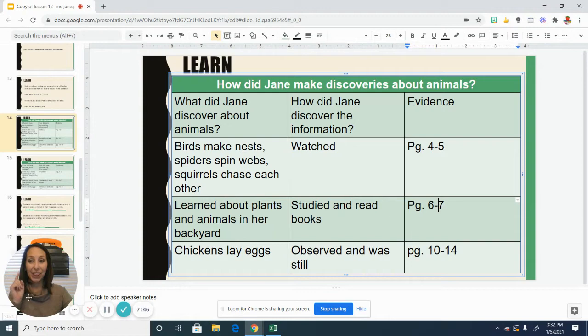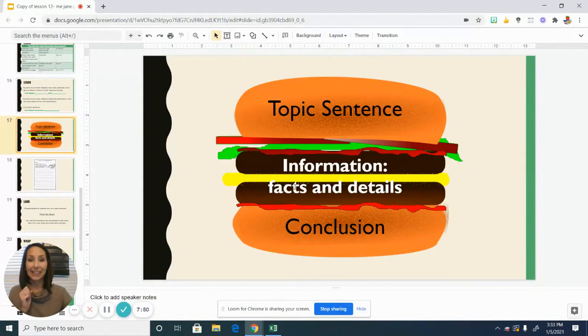Did anybody think of this in their head? Right, our sandwich organizer that helps us to remember the 3 parts to an informative paragraph. We have our topic sentence, the information, all the facts and the details, in the middle, and then we end the paragraph with a conclusion.